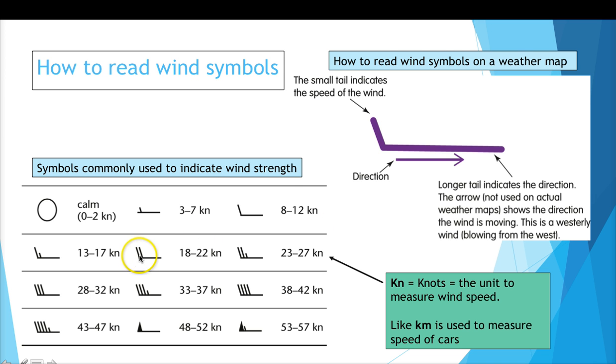As I was saying, the number of tails indicates the strength of the wind. 2 tails, we're looking at 18 to 22 knots. 2.5 tails, 23 to 27. 4 full tails, 38 to 42. And then we get into this coloured in triangle formation that indicates very strong wind. And a circle obviously means very calm, 0 to 2 knots.